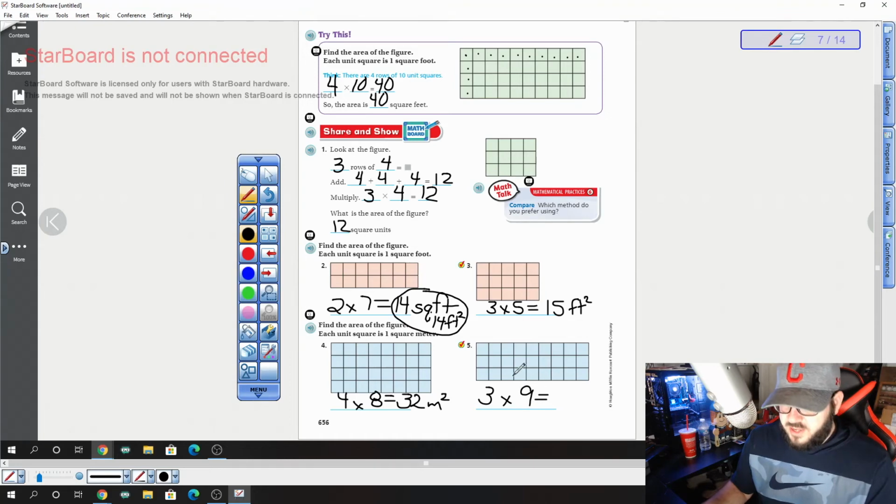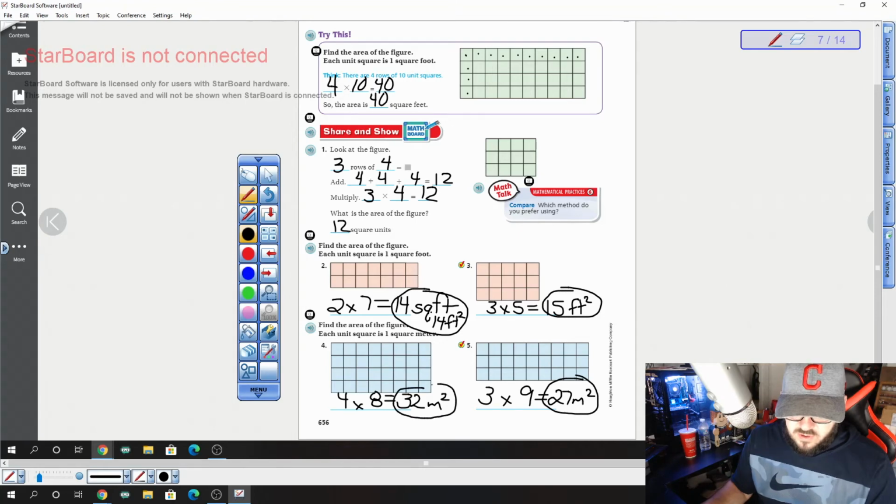Don't forget our trick is if we're multiplying times 9, we take this number, we make it 1 less, so we make it a 2. And then we have to add 2 plus something to get 9. 2 plus 7 equals 9. 3 times 9 is 27. We're still in meters, so we'll go with our M and our 2. There's our answer. Good to circle your answers too. That tells me what your final answer is.